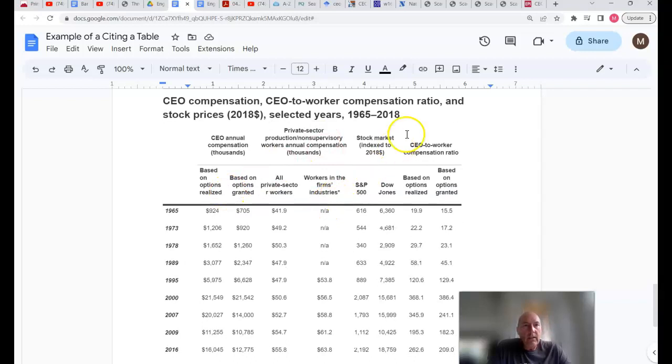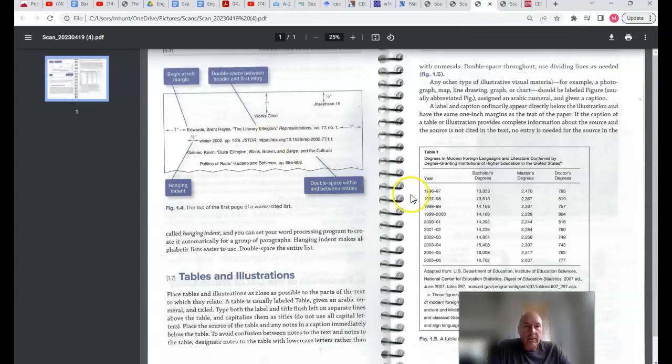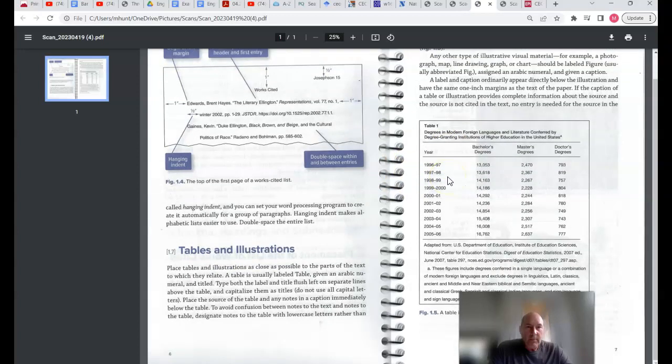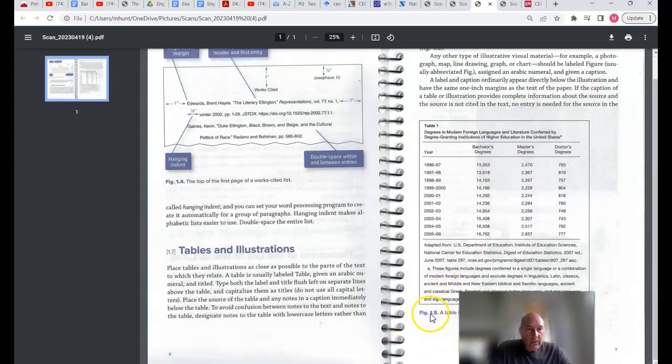First off, let's look at how we would go ahead and cite it. I've given you the MLA document, and by the way, on this page, I also have this PDF. You'll have to rotate it because it's vertical, and you'll have to make it horizontal. But this basically explains the MLA way in which we cite. And even though this might be table 1, we often label them down below as figures.